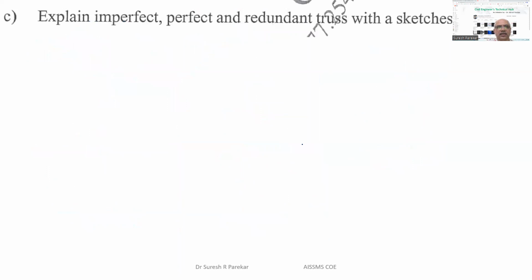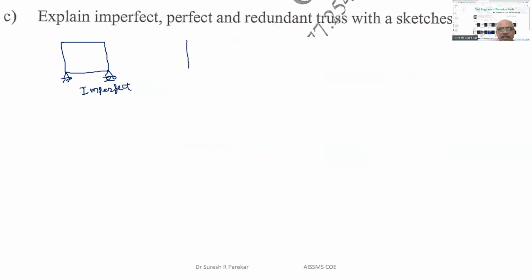So now we will have the next question: imperfect, perfect and redundant truss. I already explained this with an example earlier. If your members are less than 2j minus 3, then this is imperfect.